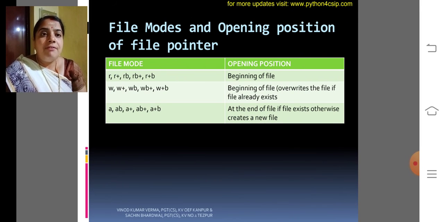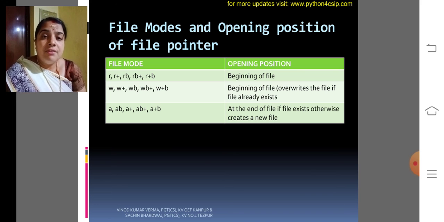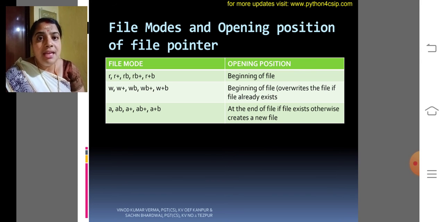Then file modes and opening positions of the file pointer. If you are reading either a binary file or a text file, or reading and writing, that is first read then write, the pointer will be at the beginning of the file. Then W represents writing. If you open a file in write mode, the pointer is at the beginning and it overwrites the file if it already exists.